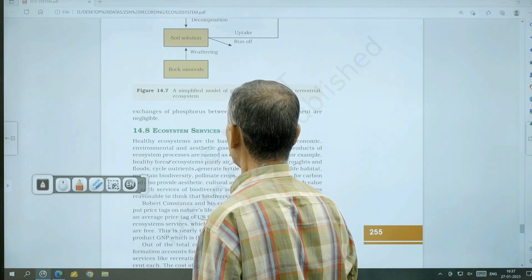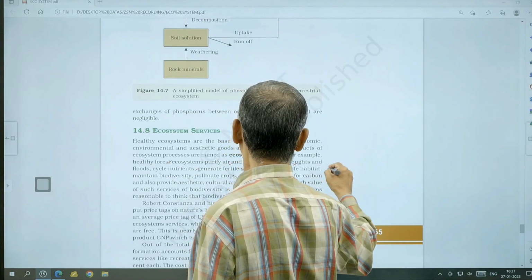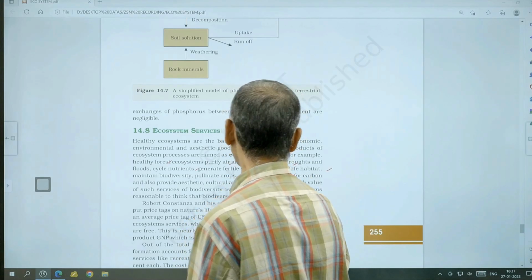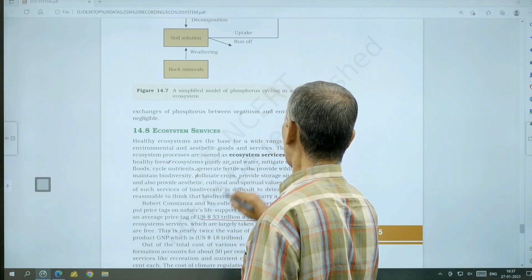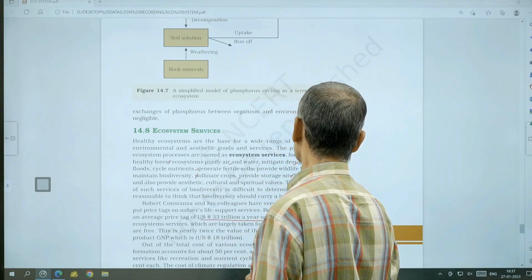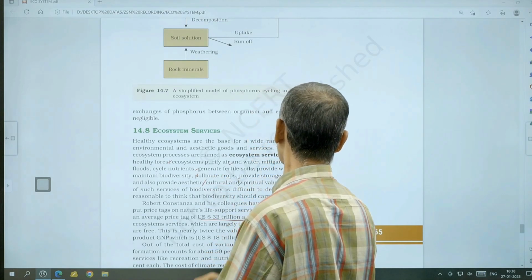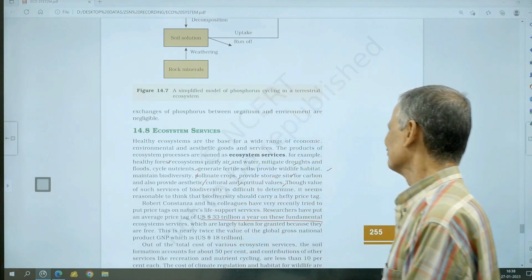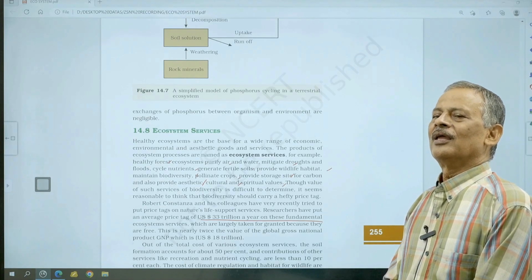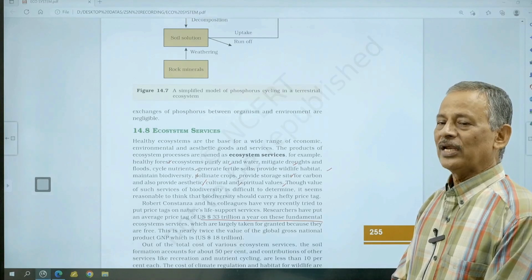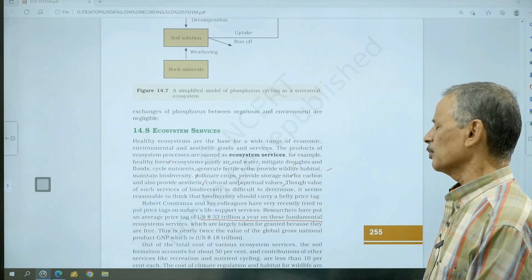It is performing nutrient cycle so that soil fertility is retained, provide habitat for wildlife, maintain biodiversity, pollinating crops, provide storage for carbon, and also provide aesthetic, cultural, spiritual values. So, we cannot actually find the cost. You cannot put the price of each of these services that ecosystem is giving.